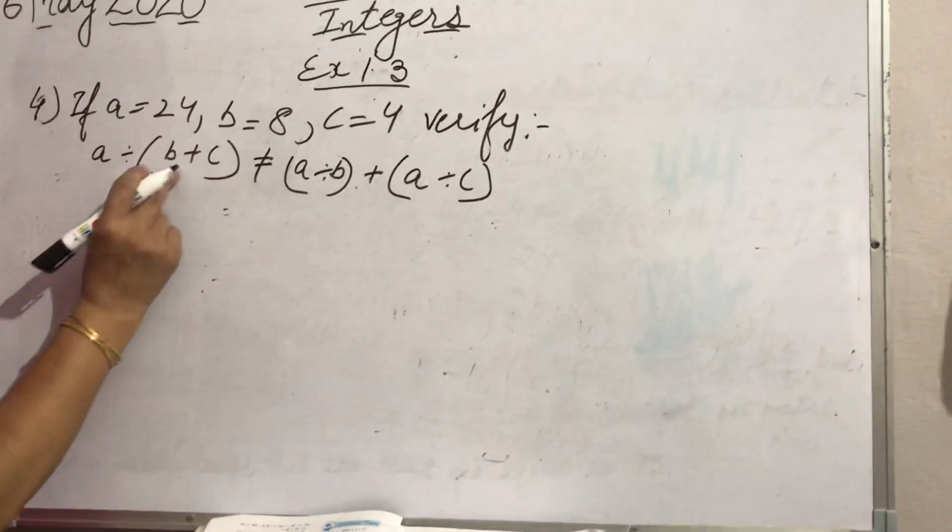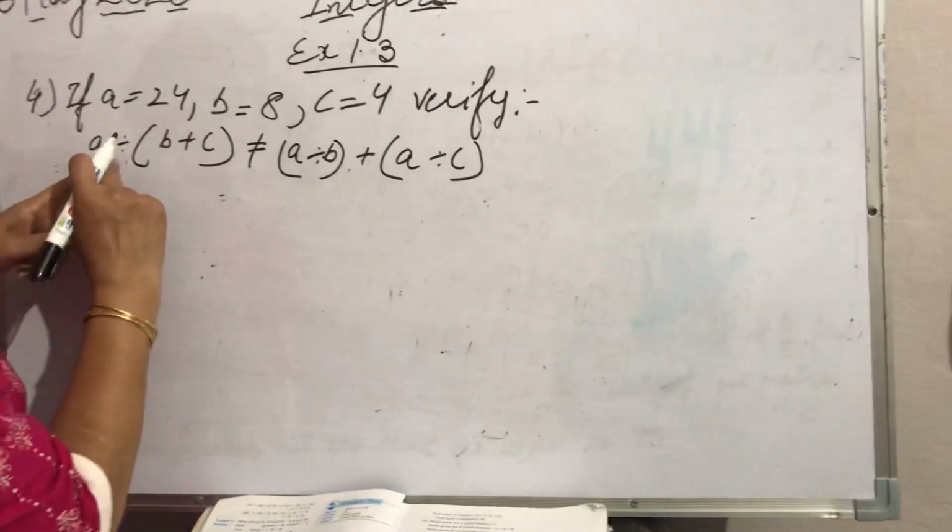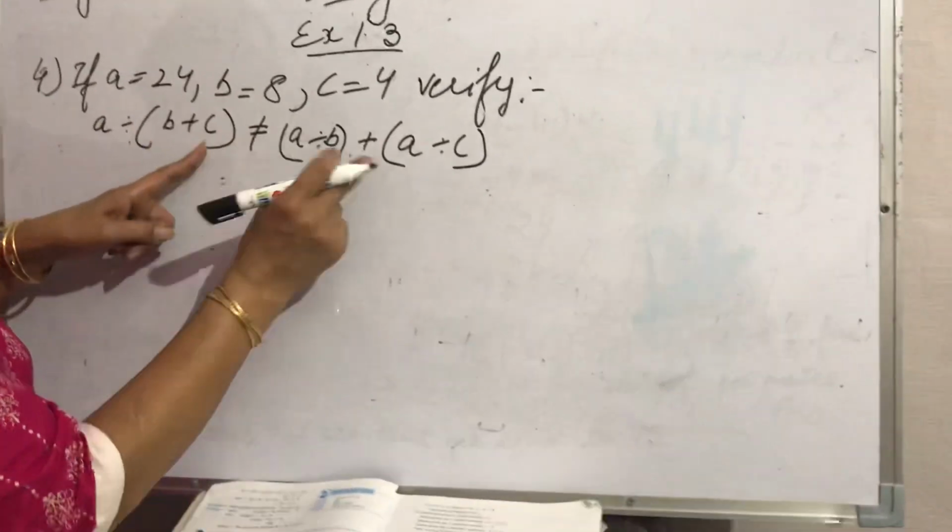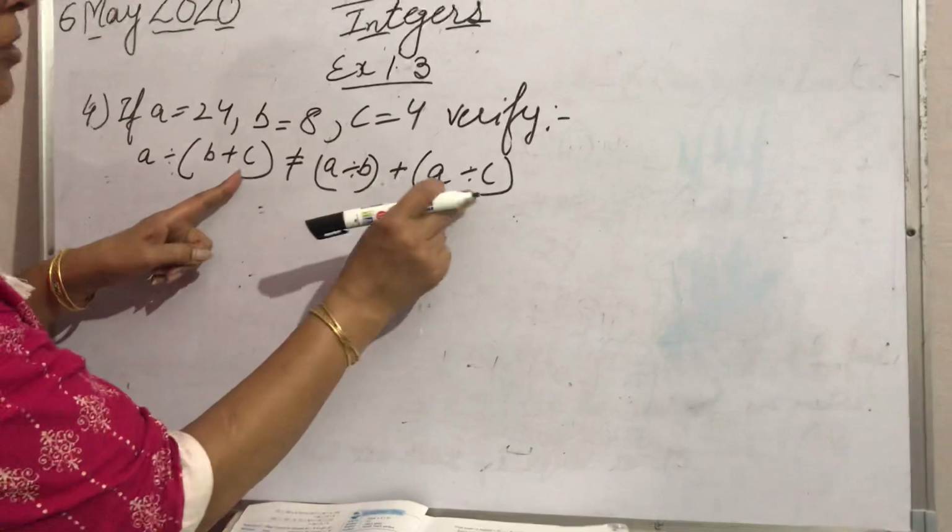A divided by B plus C, then separately A divided by B plus A divided by C.